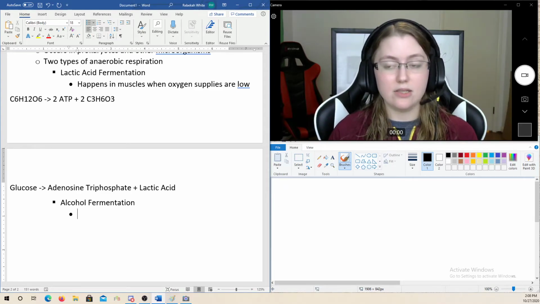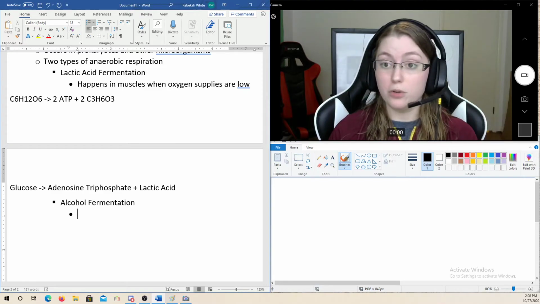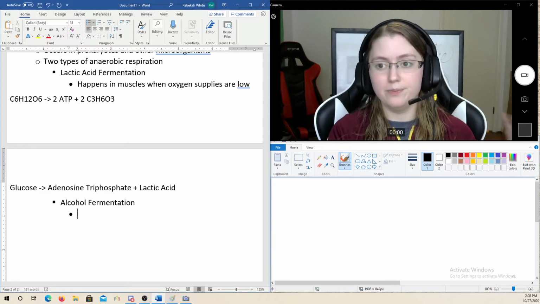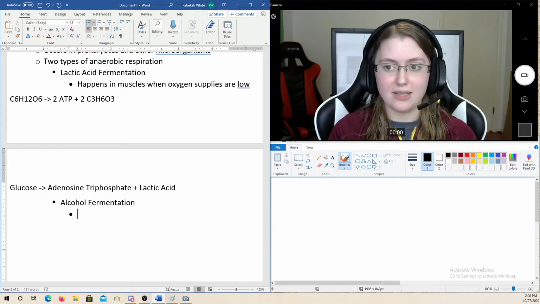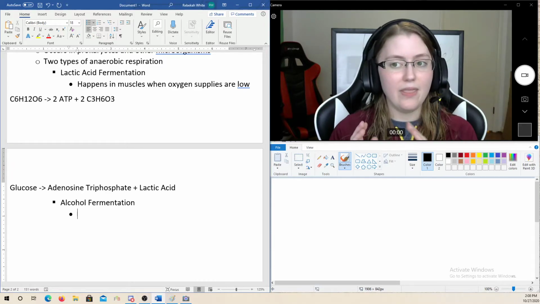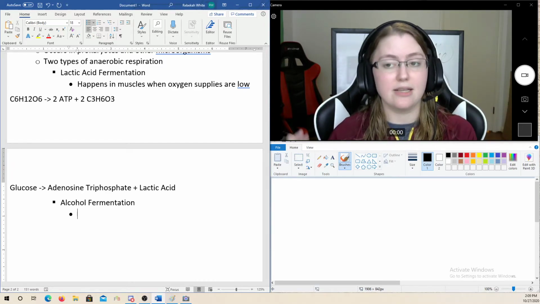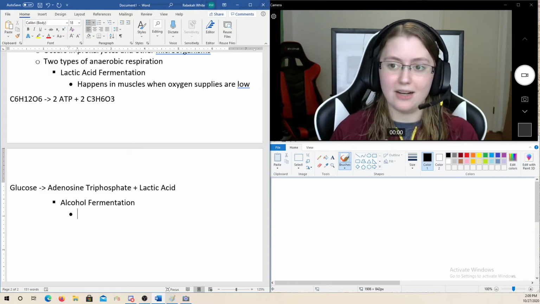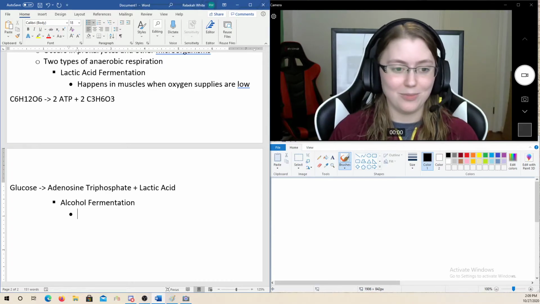And those yeast consume the glucose that is in the grape juice or whatever the mixture is that they use for beer. And then they turn that into carbon dioxide and alcohol, which creates the alcohol in the beverage. So it's a very commonly used process. We take advantage of yeast respiration really frequently.